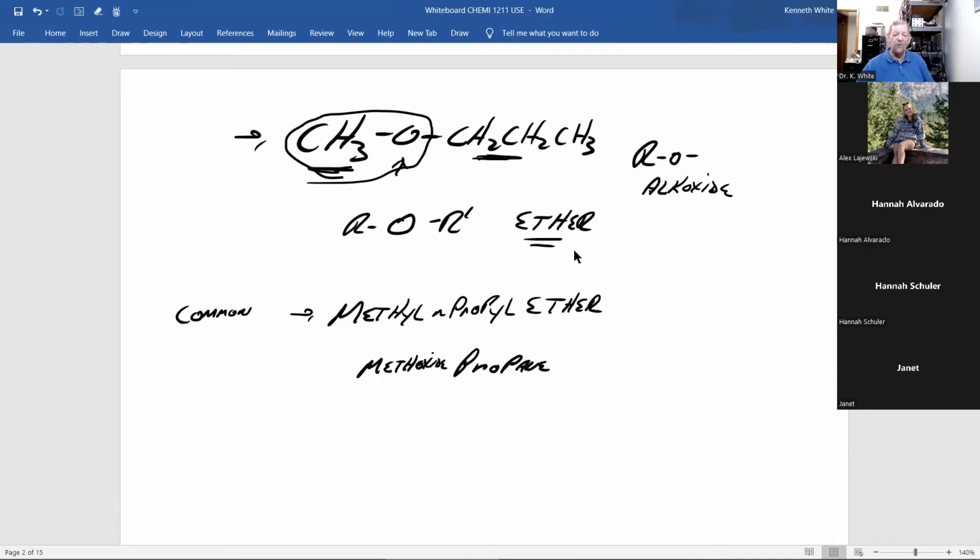And then you say, what carbon is this on? And you give it the lowest number. It's carbon 1. So that'd be 1-methox... not methoxide, it should be alkoxy. I'm sorry, I was thinking of something similar.